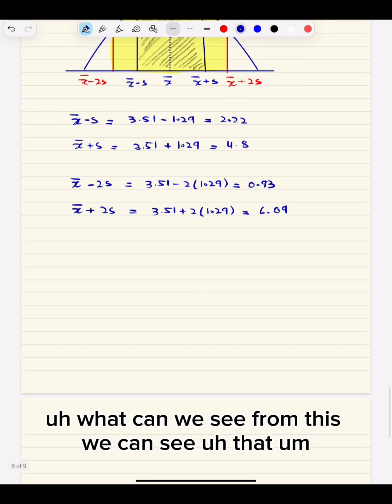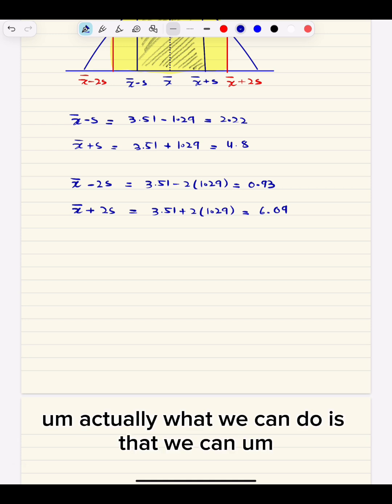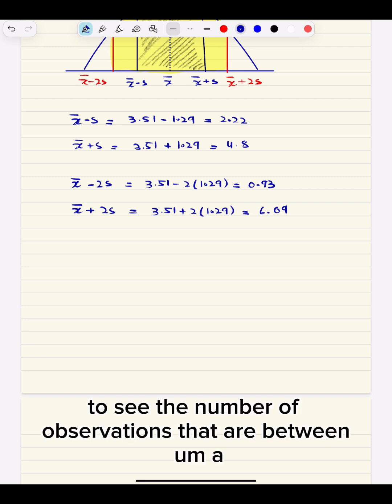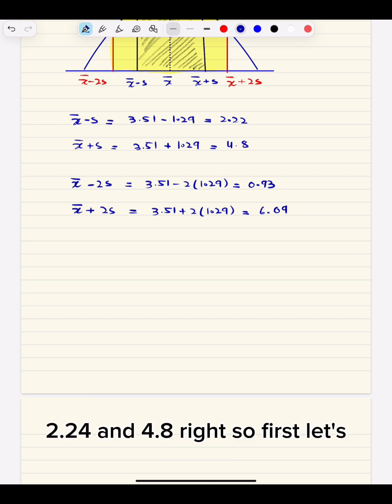So what can we see from this? Actually, what we can do is use the stem and leaf to see the number of observations that are between 2.22 and 4.8.